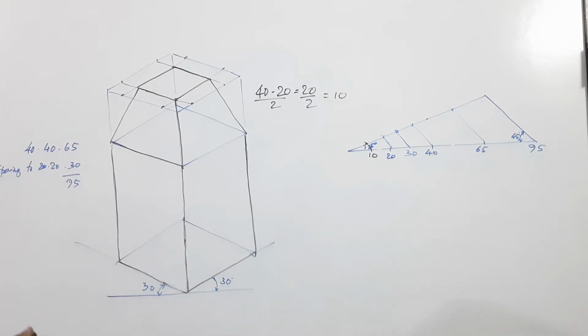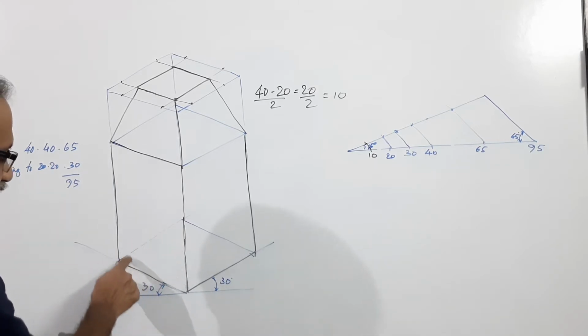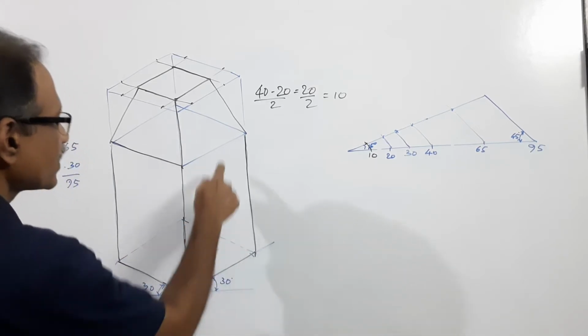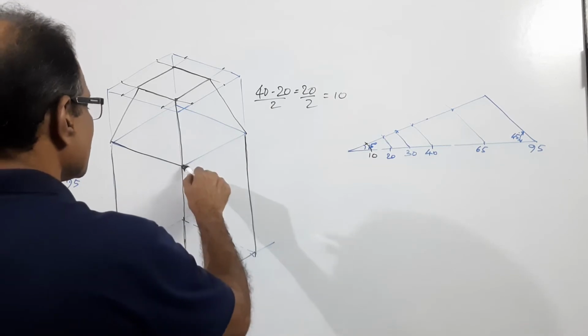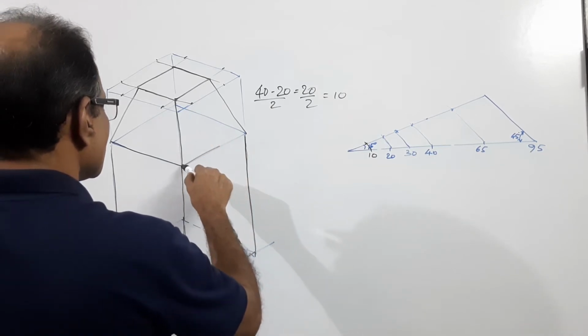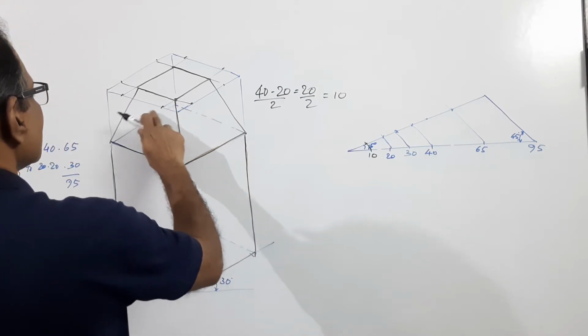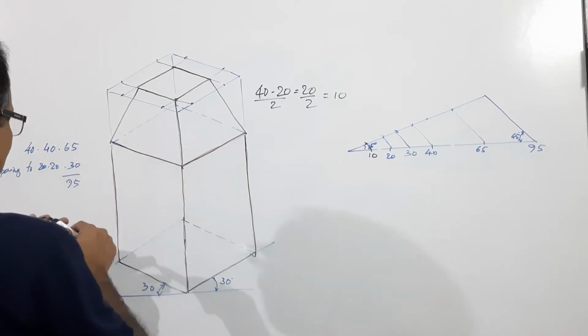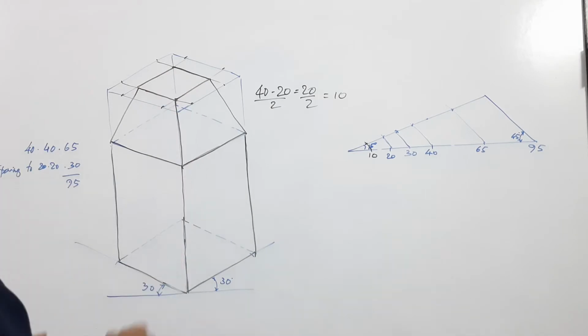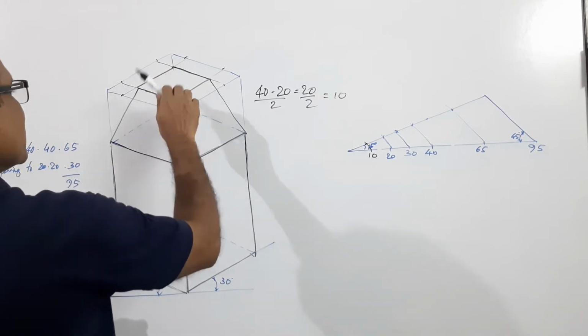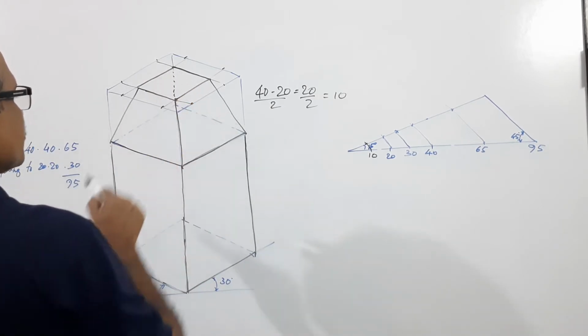This completes the drawing. This becomes dotted. This becomes dotted. This becomes dotted. The remaining are construction lines. They are also supposed to be dotted.